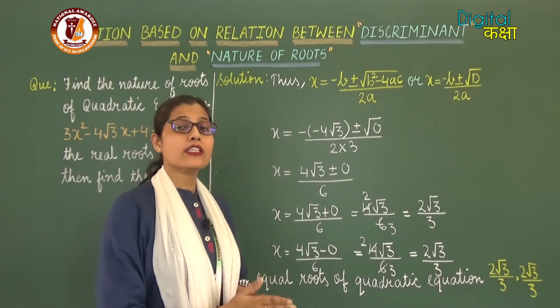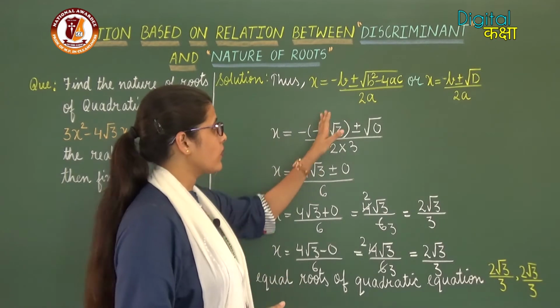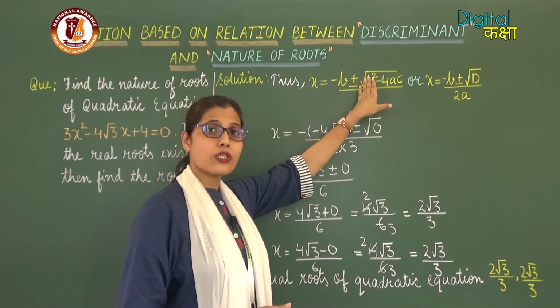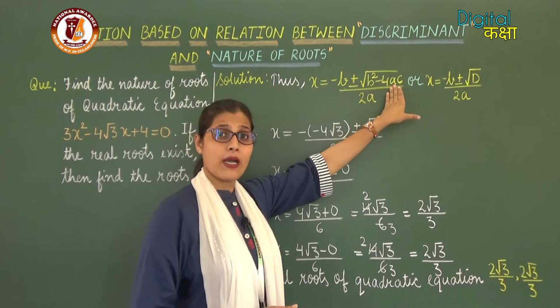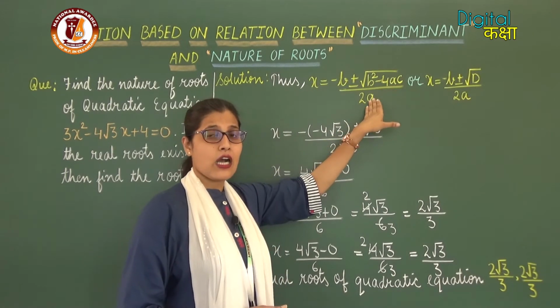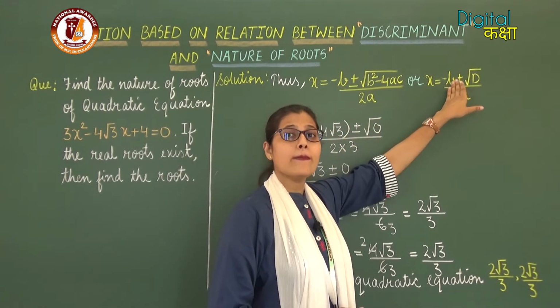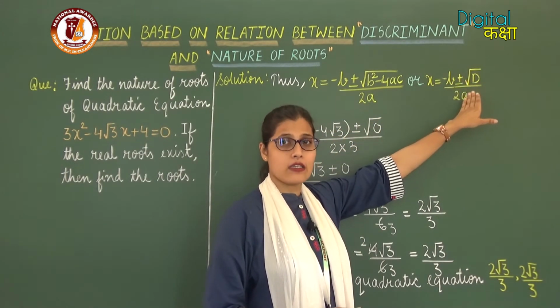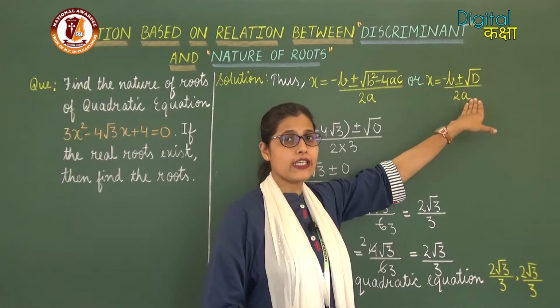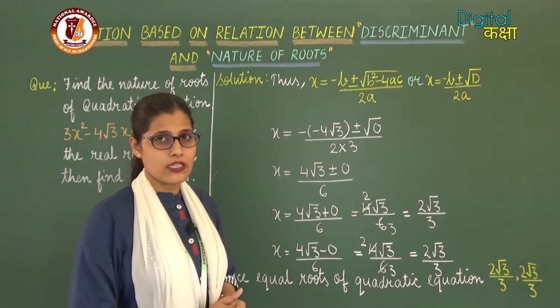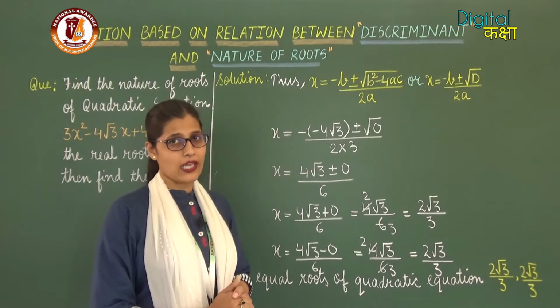So we will be using the formula x = (−b ± √(b² − 4ac)) / 2a, or x = (−b ± √D) / 2a. We will be simplifying it by substituting the value.